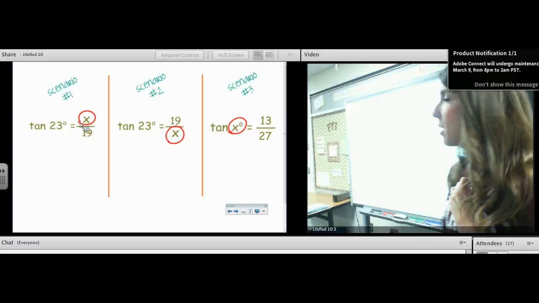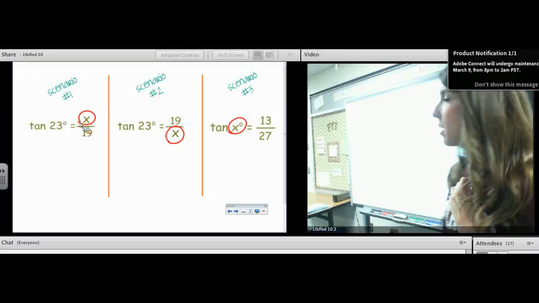If I were to cross multiply with this one, 19 times 1 equals x times tan 23. But a lot of times when we cross multiply, we do 19 times 1 divided by tan 23. So in this one, when x is in the denominator, we're going to find ourselves dividing 19 times 1 divided by tan 23.